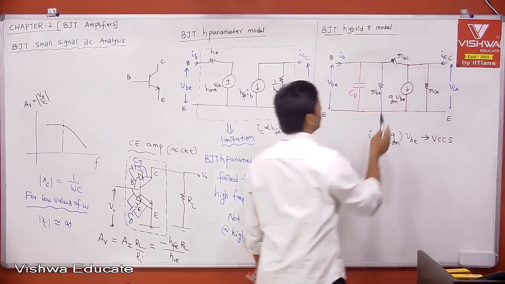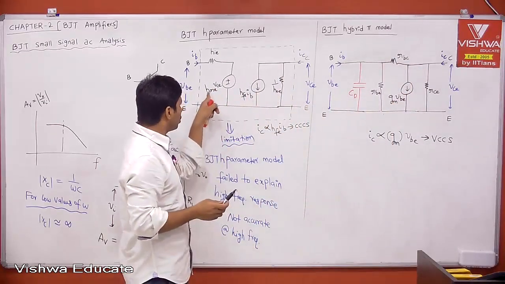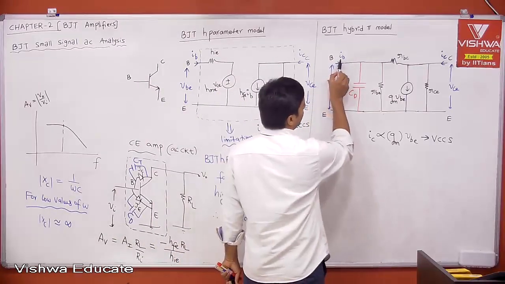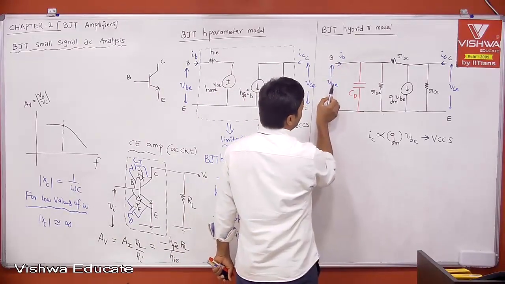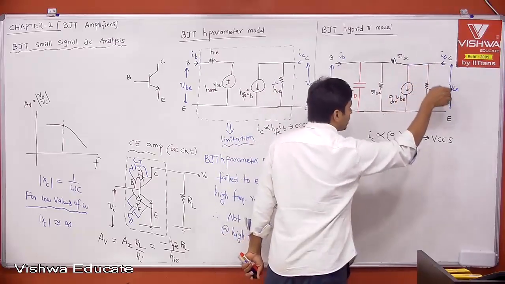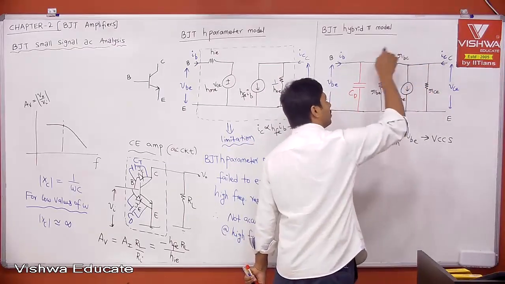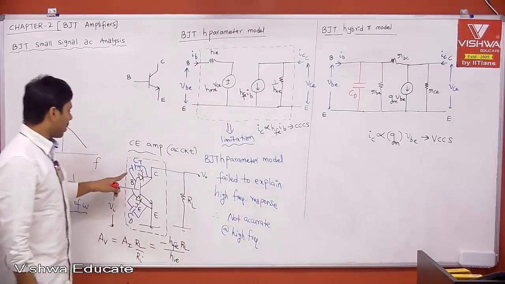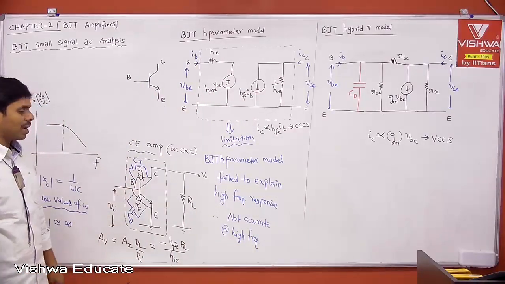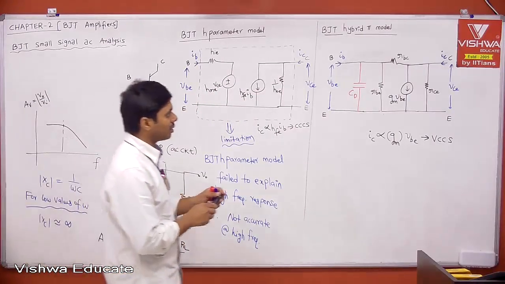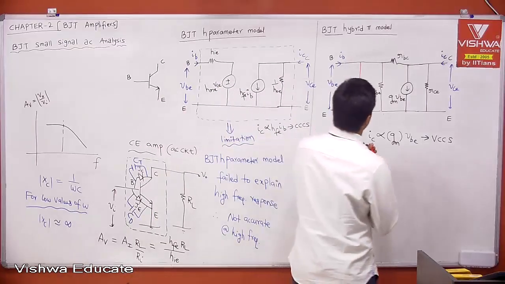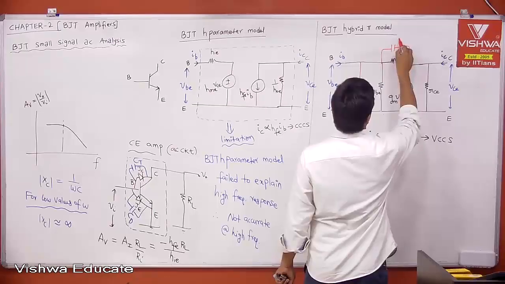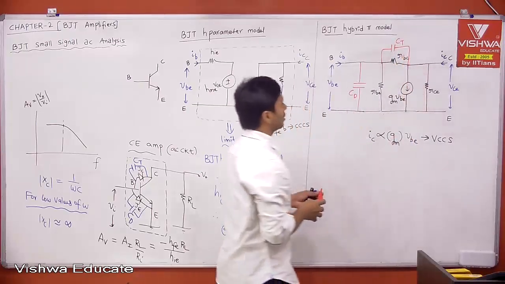Indirectly this explains the HRE into VCE, because your IB is not only a function of VBE, it is also a function of VCE because of the bridge between collector and base. And we have capacitance between base and collector, that is the reverse bias capacitance CT. Therefore CT is added here, the transition capacitance.